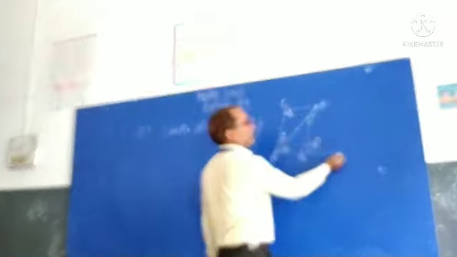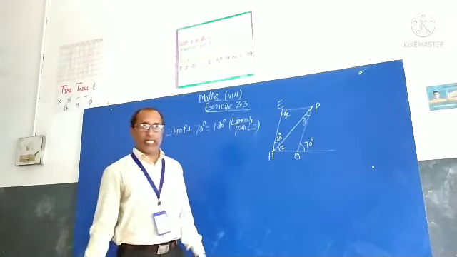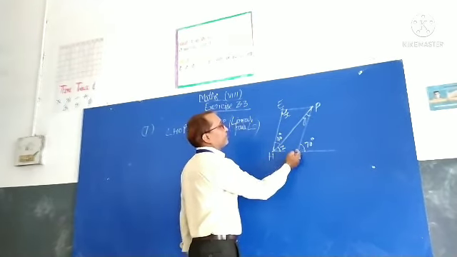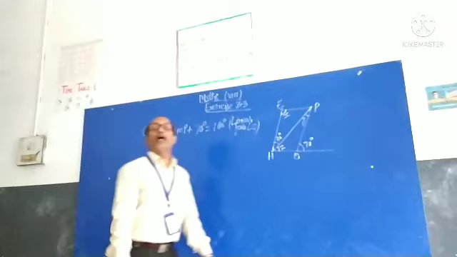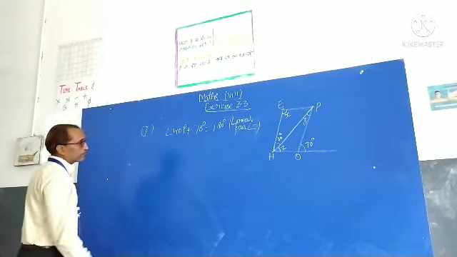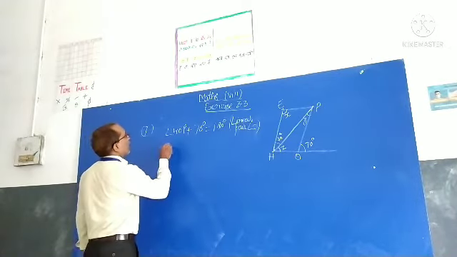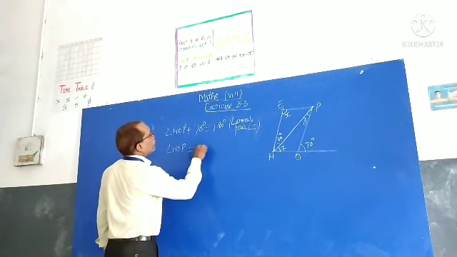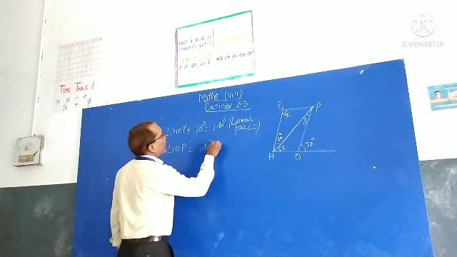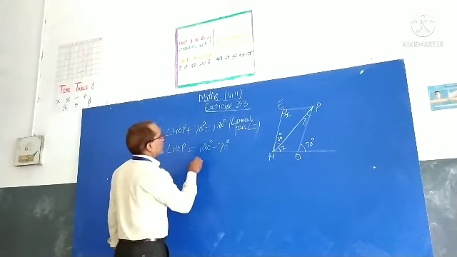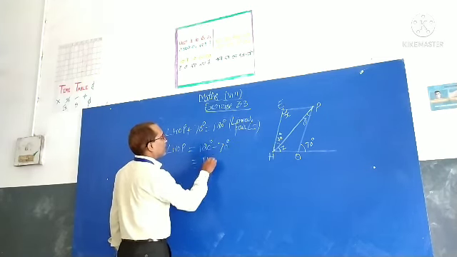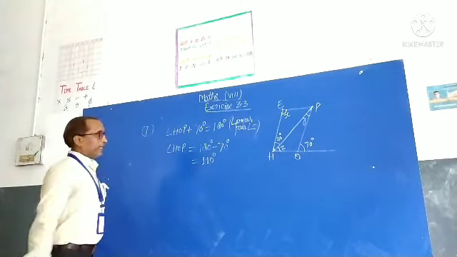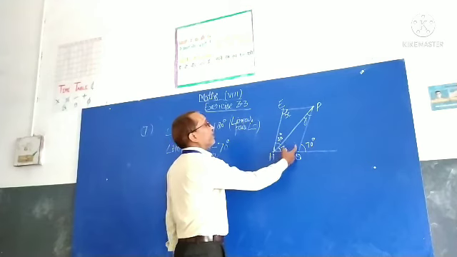Here is not given any name. Therefore, this angle plus this angle make a straight line. This means this is a linear pair angle. And angle HOP is equal to 180 degrees minus 70 degrees, that is 110 degrees. Angle HOP is 110 degrees.